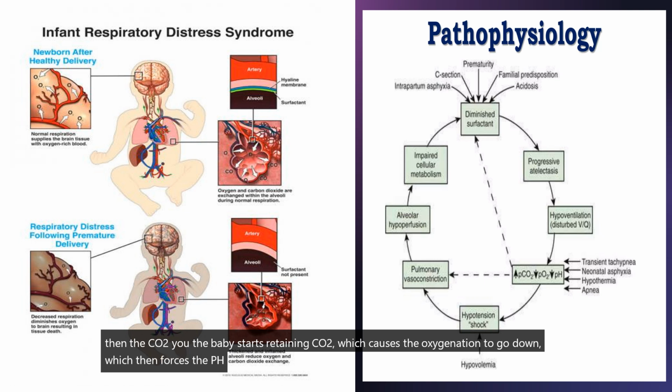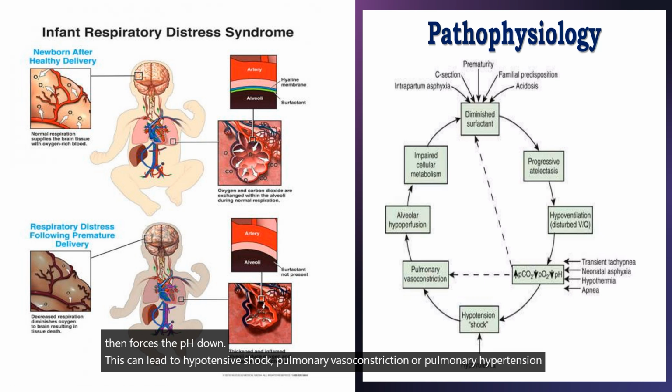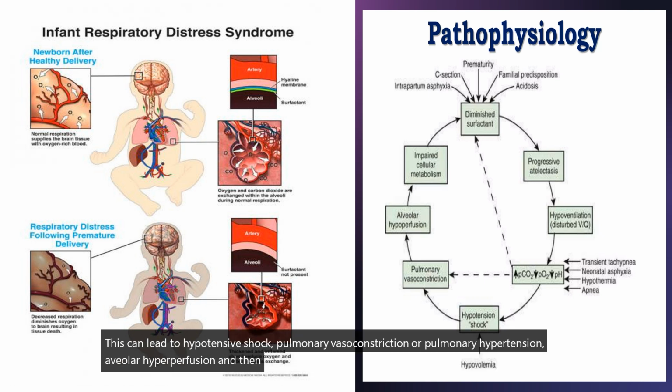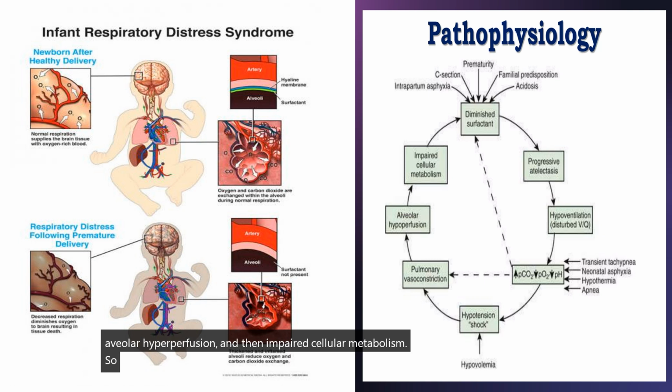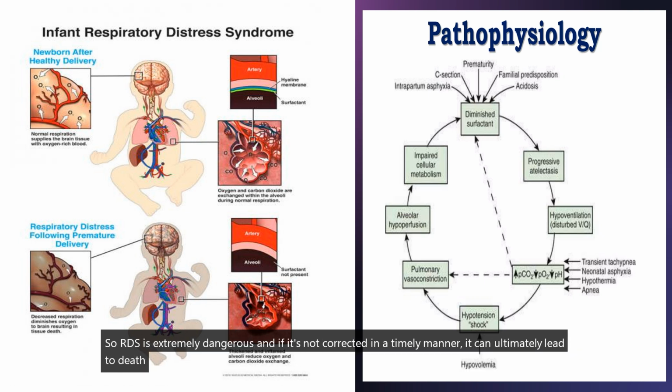This can lead to hypotensive shock, pulmonary vasoconstriction or pulmonary hypertension, alveolar hypoperfusion, and then impaired cellular metabolism. So RDS is extremely dangerous, and if it's not corrected in a timely manner, it can ultimately lead to death or serious complications.